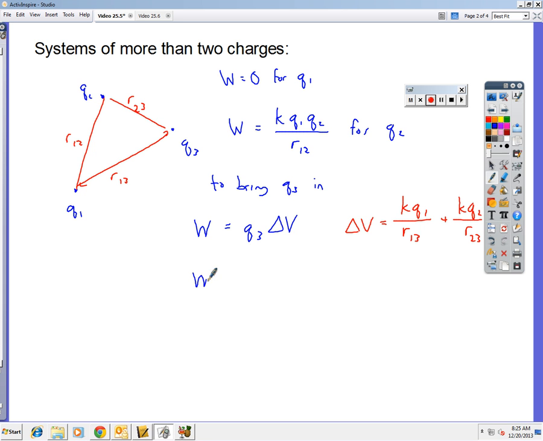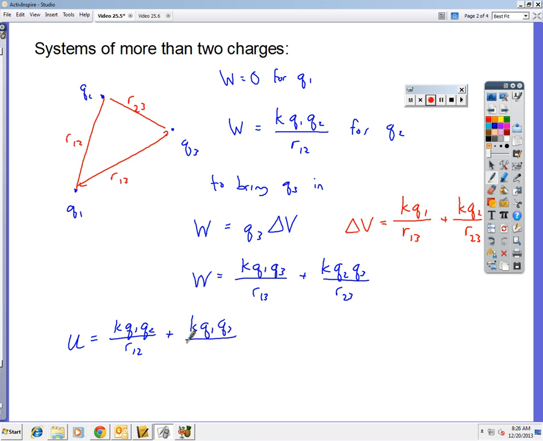And so that means the work for Q3 is kQ1 Q3 over r13 plus kQ2 Q3 over r23. And we notice that the total energy of the system is kQ1 Q2 over r12 plus kQ1 Q3 over r13 plus kQ2 Q3 over r23.